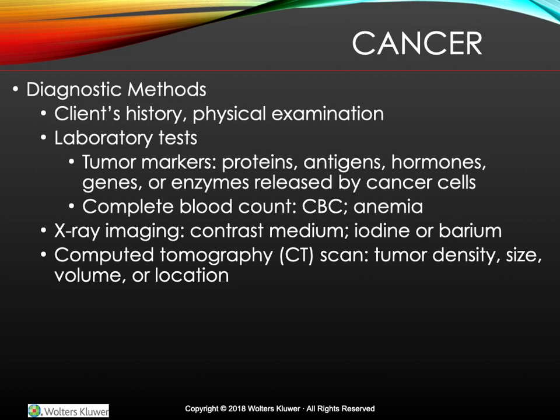So there is an array of diagnostic methods that we use to obtain a diagnosis of cancer. Let's start with a client's history as well as physical exam. During the history, you're going to see if there's any family history of cancer and what type of cancer.